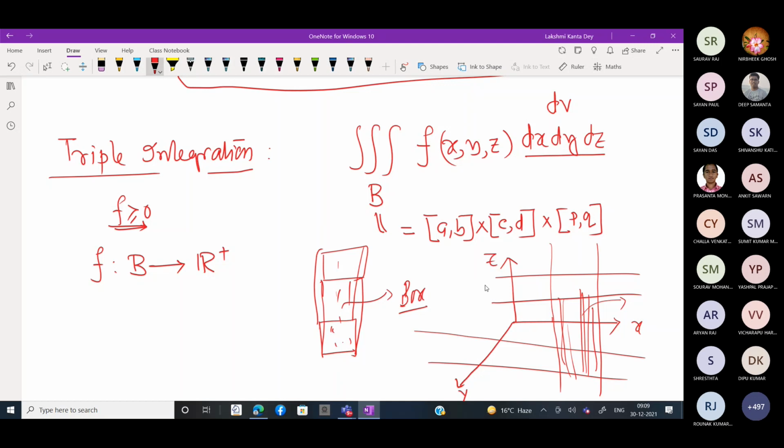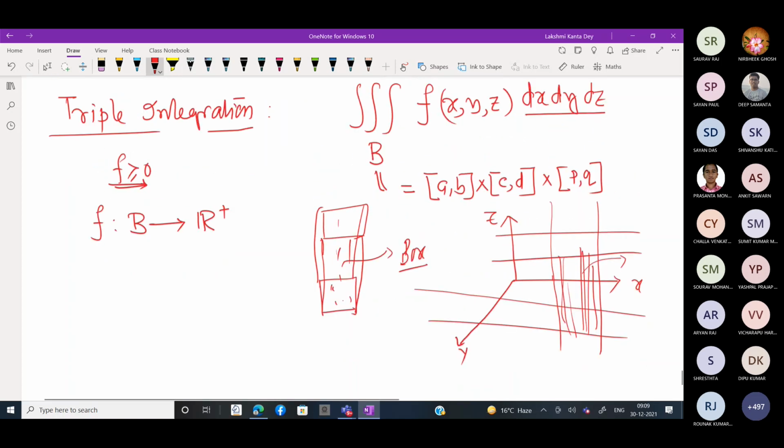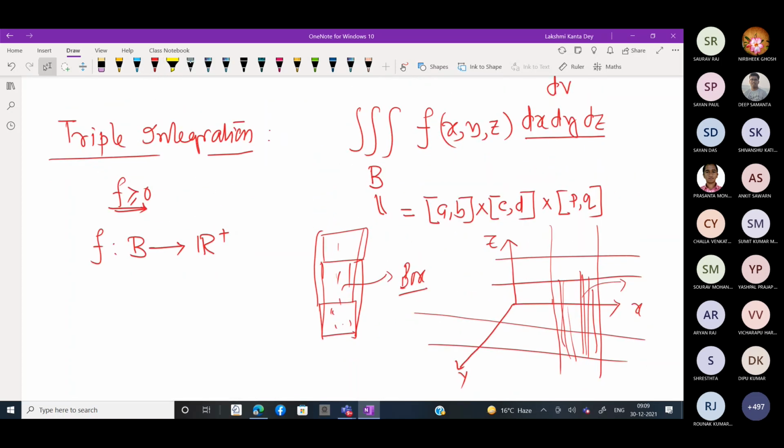Now we would like to develop the same way as we did in case of double integration. In case of double integration, the domain of definition of the function is basically a rectangle, not a rectangular box. In that case, it was just [a, b] cross [c, d], and f was a function from R to R plus.